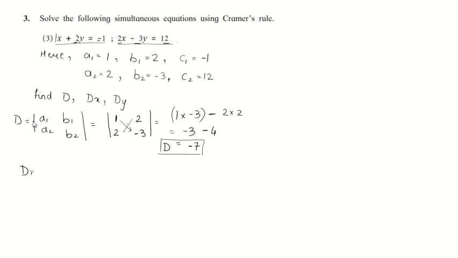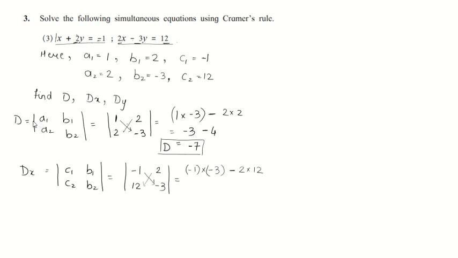Now check dx. How to get dx? It is c1 c2, b1 b2, where c1 is minus 1, c2 is 12, b1 is 2 and b2 is minus 3. Multiplying this, minus 1 into minus 3, minus sign, 2 into 12.